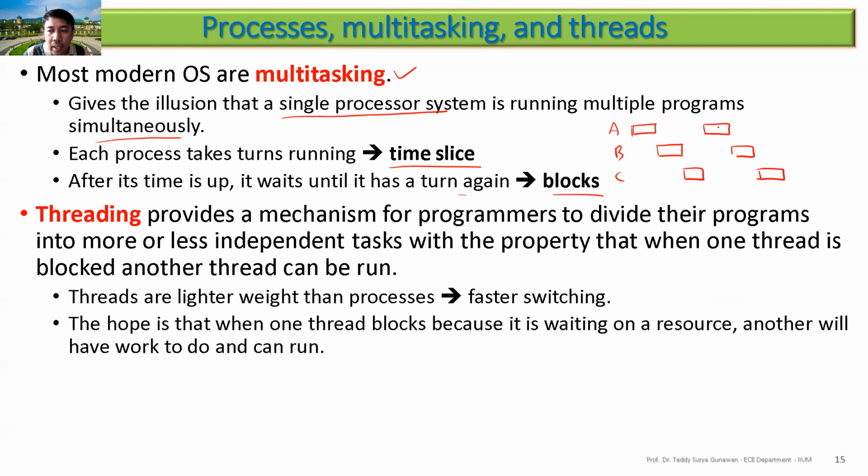If process A has finished, for example, then you go to process B, then process C, and continue. So this is multitasking if you have only one processor running. If you have multiple processors, you can only do interleaving here. But you get the feel that you have opened multiple programs.